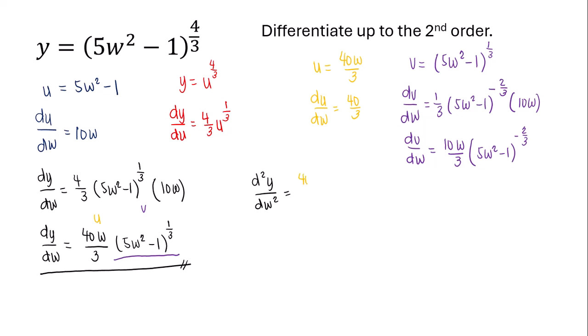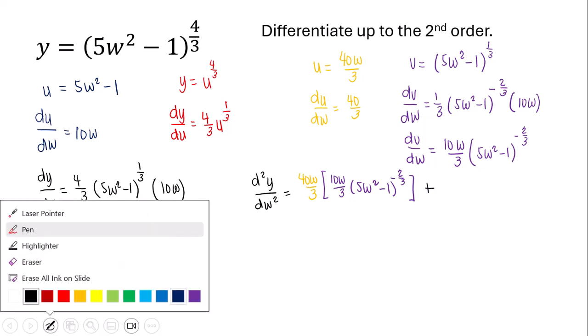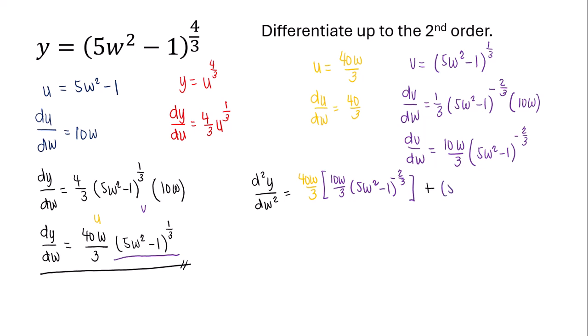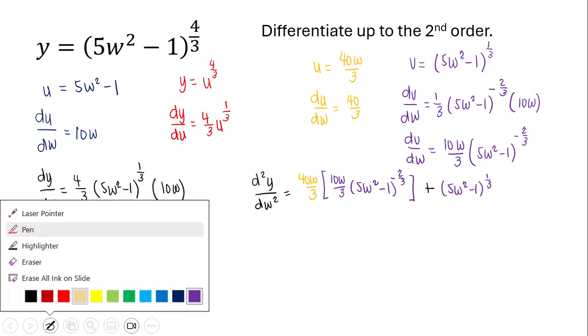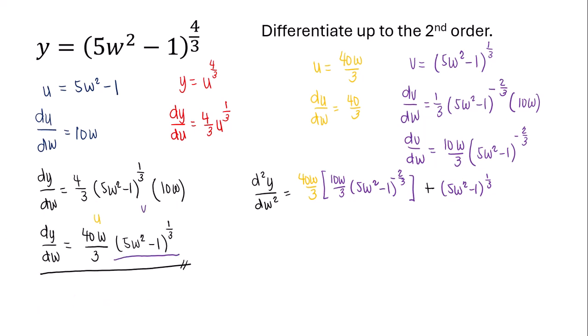So 40w over 3 u, times dv, 10w over 3 times 5w squared minus 1 to the negative 2/3, and then plus v, which is the cube root of 5w squared minus 1, times our du, which is 40 over 3.